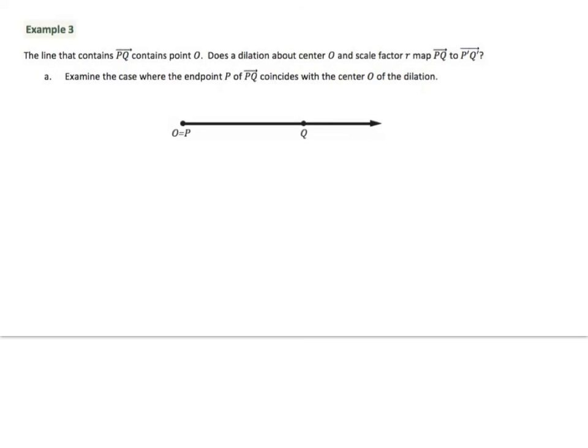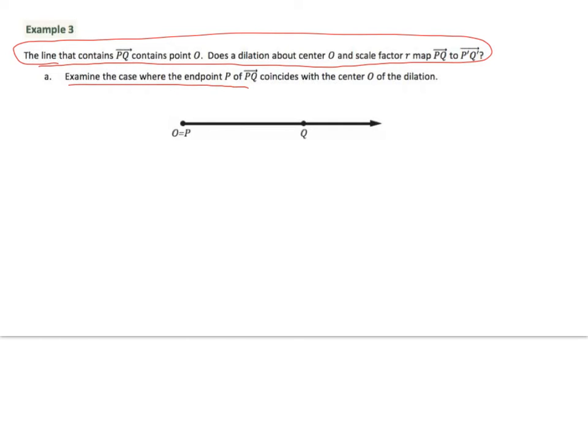Example 3. The line that contains ray PQ contains point O. Does a dilation about center O and a scale factor R map PQ to P prime Q prime? So we're going to actually get this question for the next 3 parts. This is part A. Examine the case where the endpoint P of ray PQ coincides with the center O of dilation.